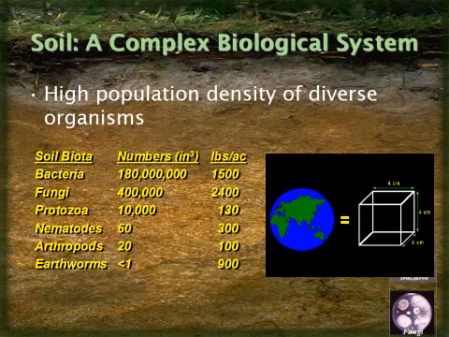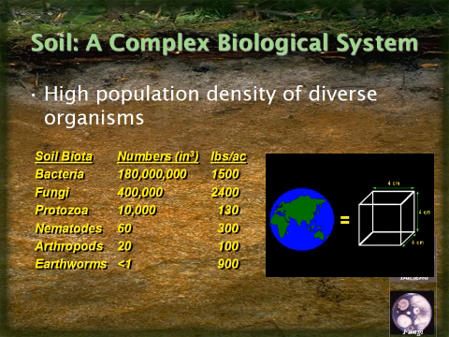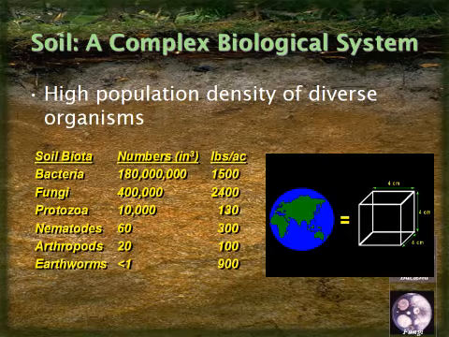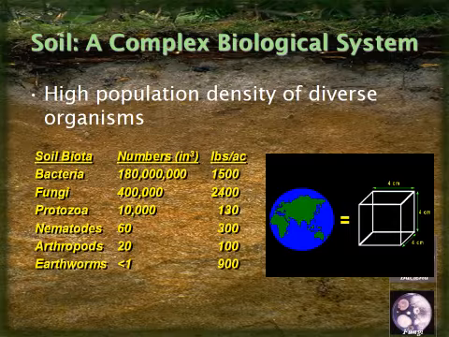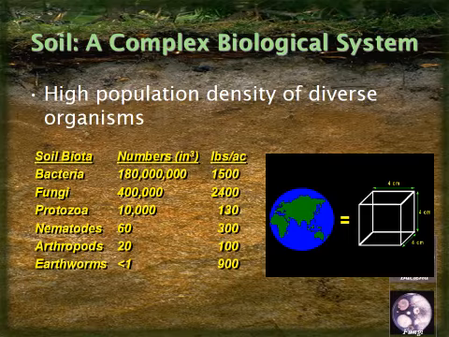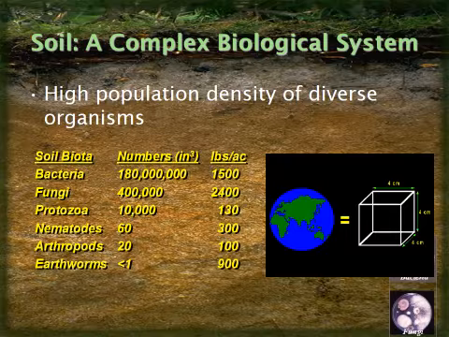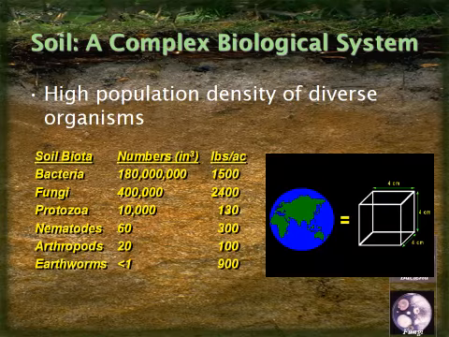Now in the soil, there is a huge population density and a huge diversity. So think about this for a second. In this table, I've got listed soil bacteria, fungi, protozoa, and so on. Look at how many bacteria there might be in a cubic inch of soil. If you think about a cubic inch, that's not very big, right?